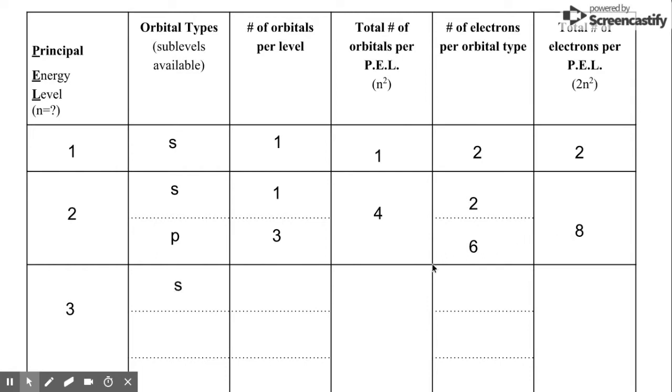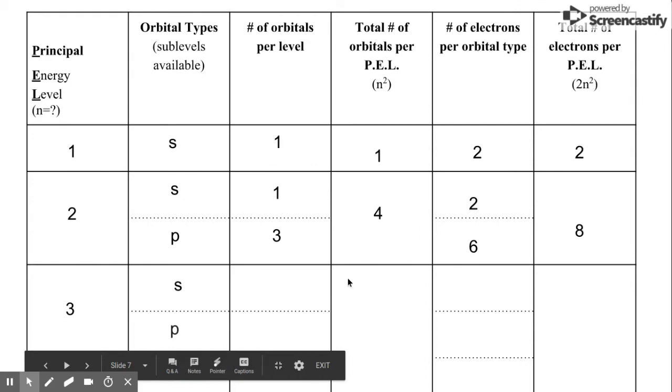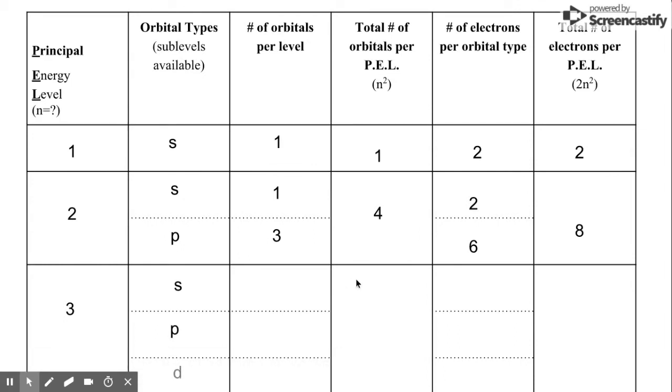In the third energy level, there's an s orbital, a p orbital, and here we also start to get our first d orbitals. The s orbital, there's only one of them. There are 3 p orbitals, and there are 5 d orbitals. Total number of orbitals, 5 plus 3 plus 1 is 9, or we could do 3 squared, that's also 9.